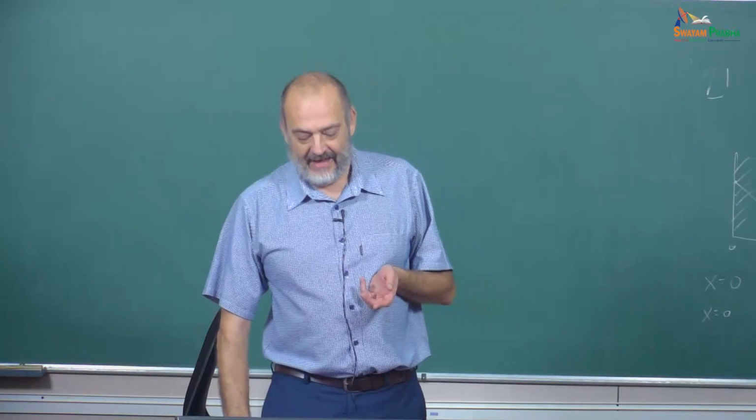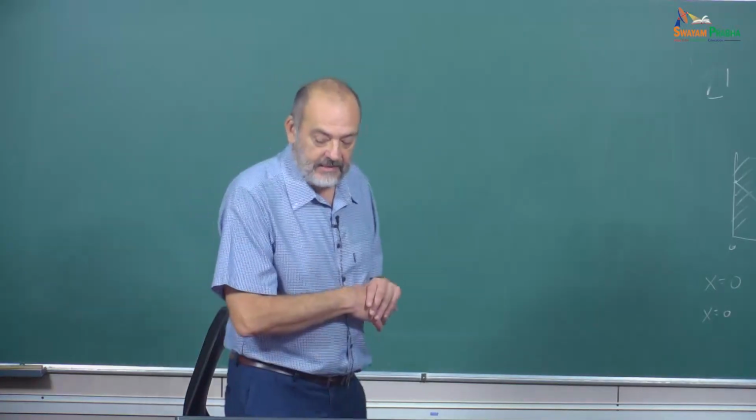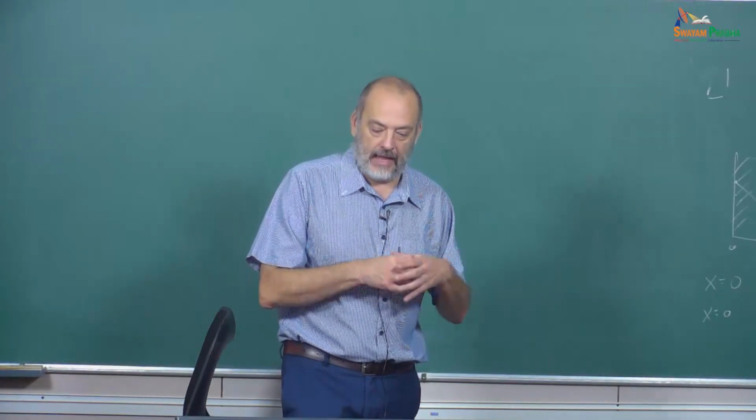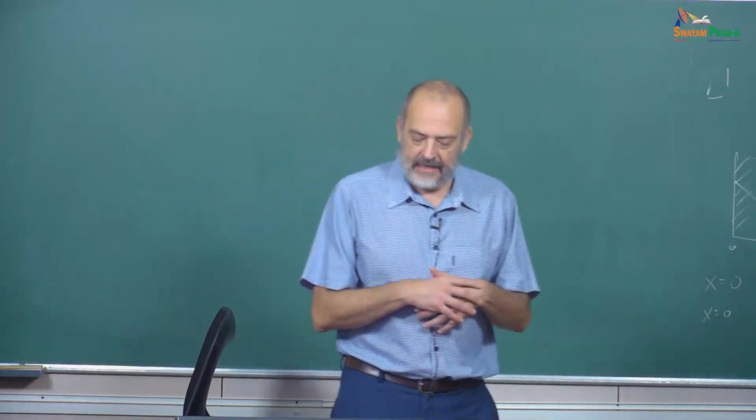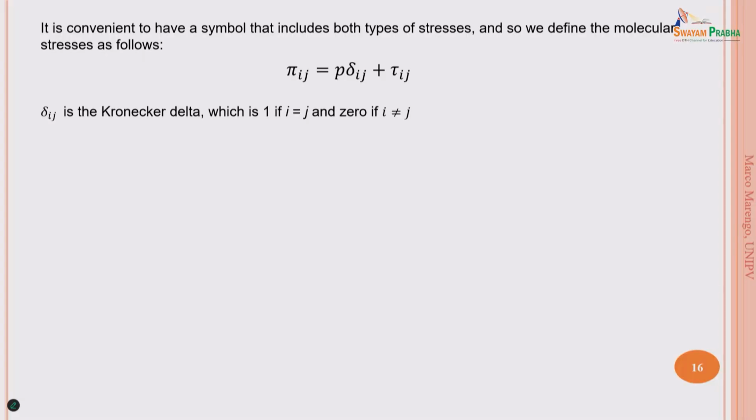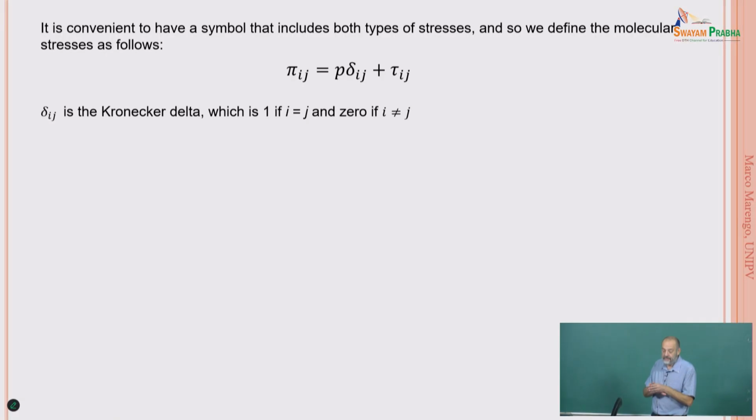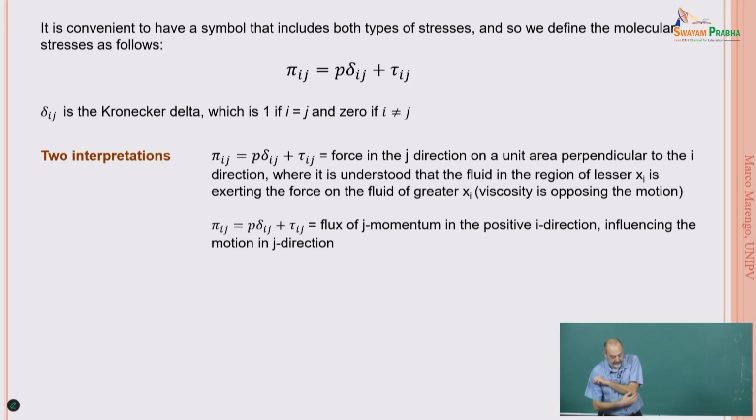In fact, we can write this in terms of a kind of tensor, saying that pi ij is equal to p delta ij, and now it's clear that delta ij is nothing else than the Kronecker delta, which is 1 when i is equal to j, and 0 when i is different from j, plus tau ij. So this is becoming our tensor.